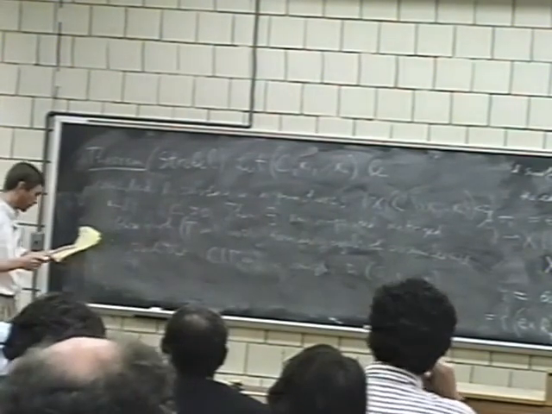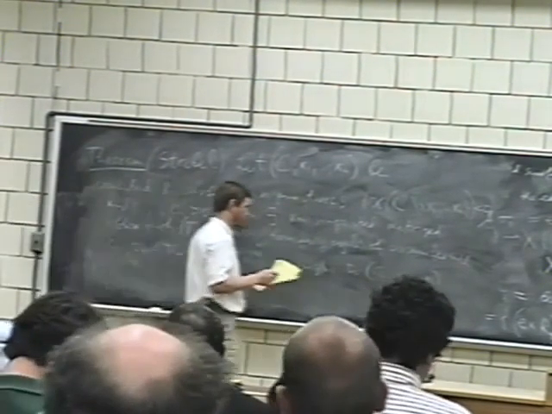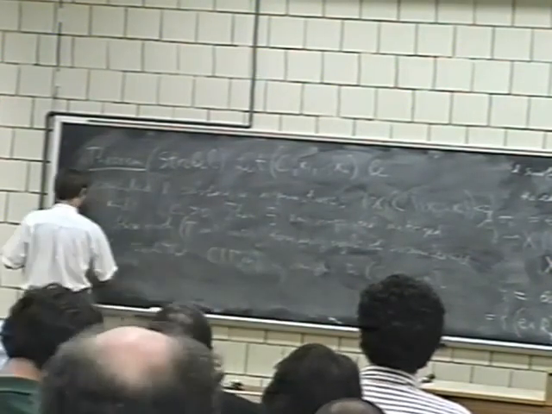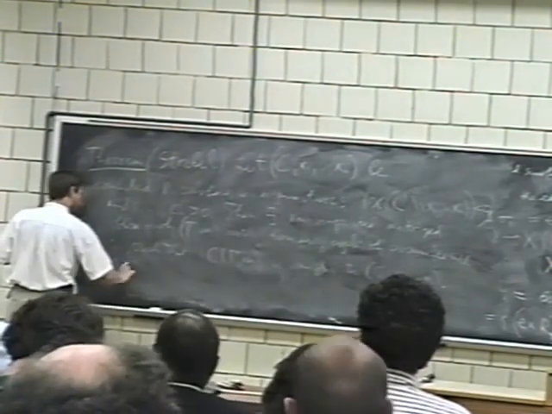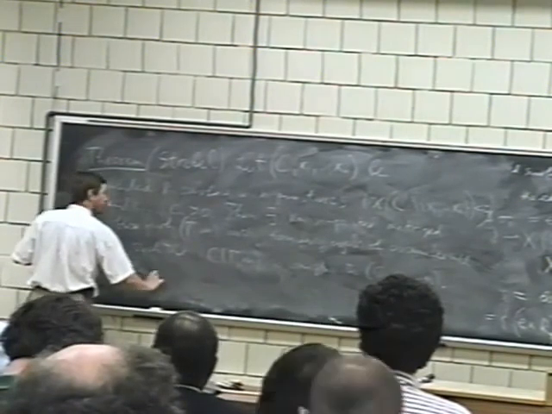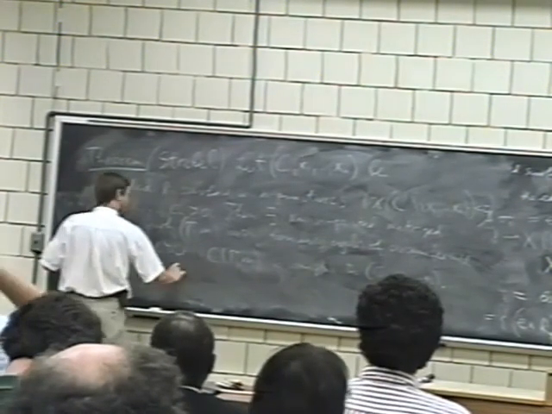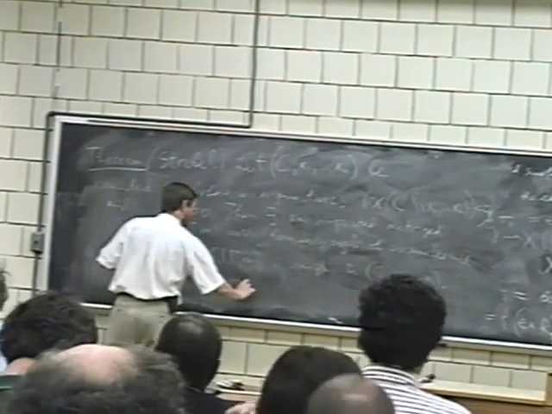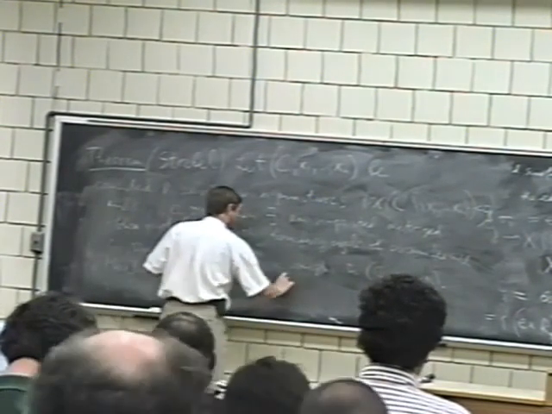And moreover, this metrized graph gamma is unique up to an isometry.